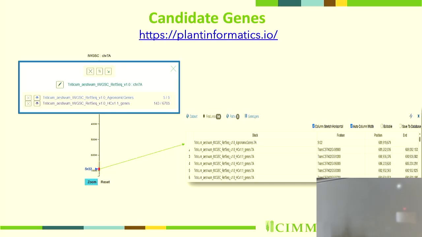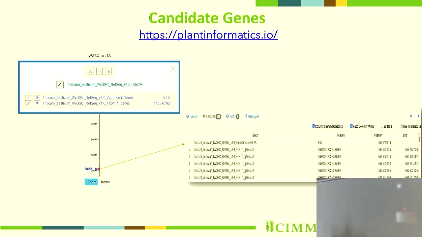They have put a lot of markers in there: you have 90K, 40K, targeted GBS, DArTseq markers, SSRs, and STS. Anything that you are working on, you can put here, and it will tell you where in the genome your gene or QTL is present.